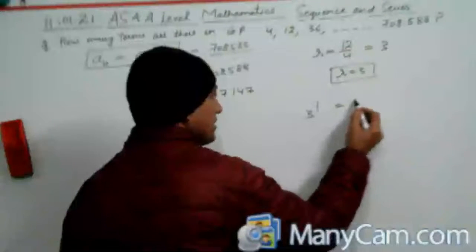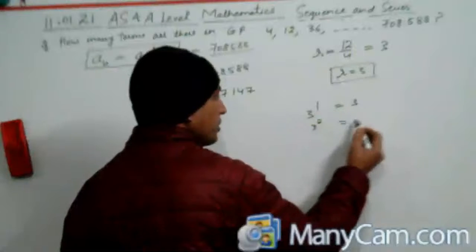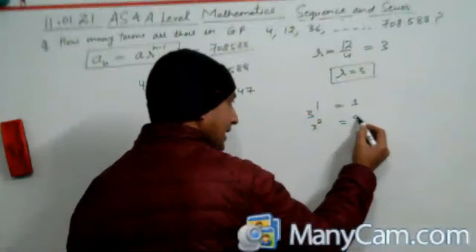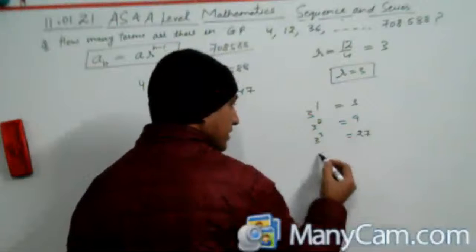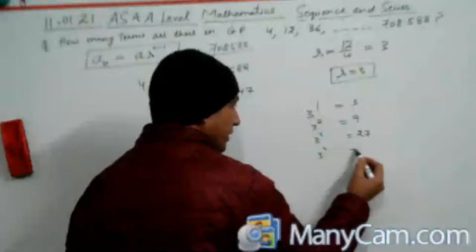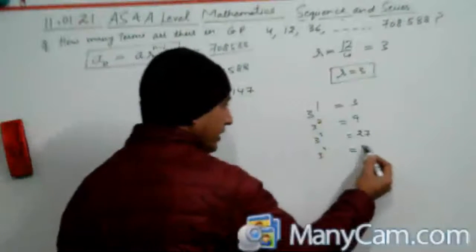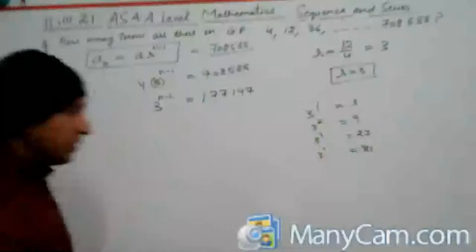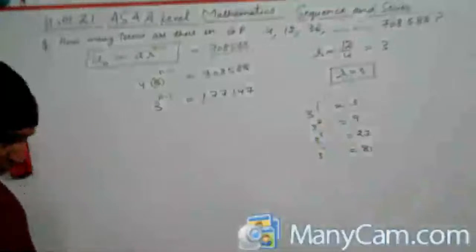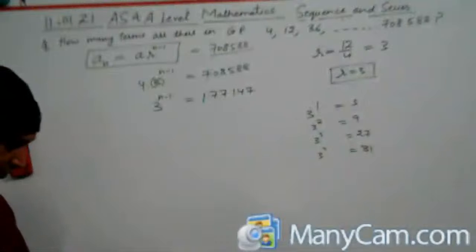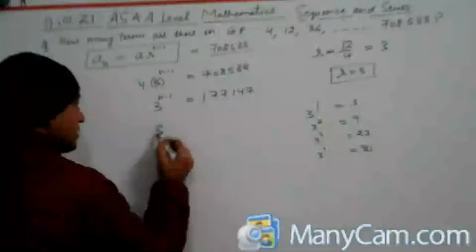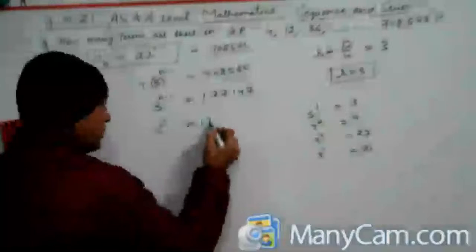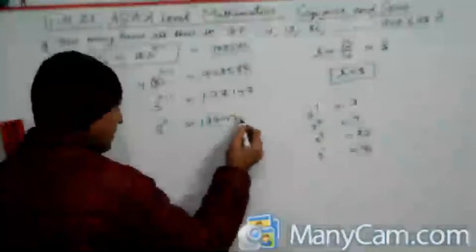Either we can do it in this way: 3 raised to power 1 is 3, 3 raised to power 2 is equal to 9, 3 raised to power 3 is equal to 27, 3 raised to power 4 is equal to 81, and so on. But it is a lengthy way. We can go ahead with the help of logarithm, right? So we know that 3 raised to power 11 is equal to 177,147, right?